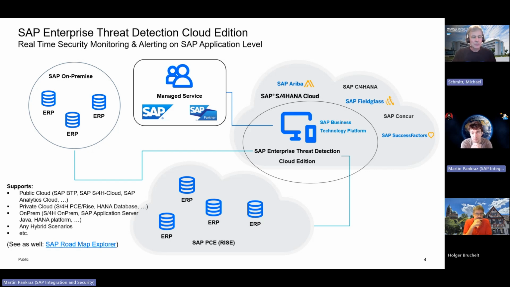To me, the interesting part is the funnel, where you have all the SaaS solutions combined and configured in ETD, and all of them go through a single connector to Sentinel. So you don't have N connectors for N SAP SaaS systems, but you have one, where you get everything in one place.